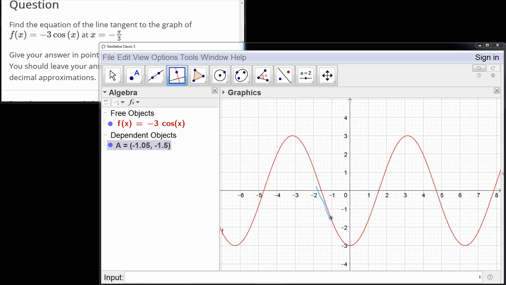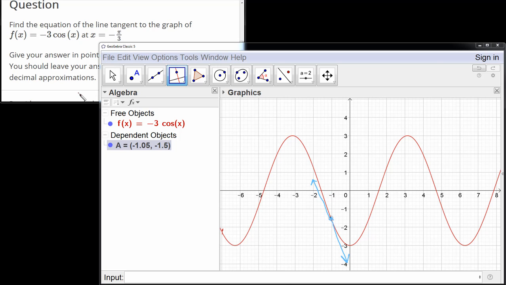But I'll give it a try. I'm not afraid to draw terrible pictures. Okay, so we can imagine a tangent line right there, like so. And basically our challenge in this problem is, what is the equation of that line?